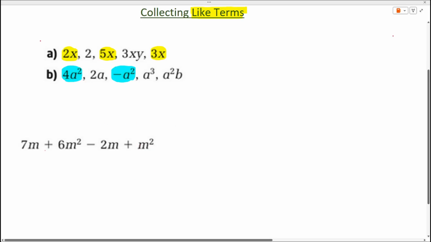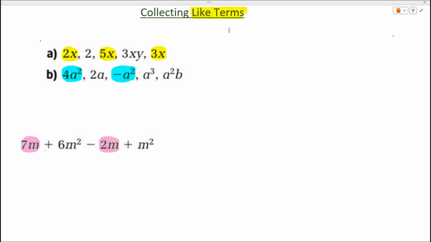So if we have to simplify this expression, first let us identify the like terms. So the first two like terms are 7m and 2m, and the other two like terms are 6m square and m square. So let us just collect them. So we can write it as 7m subtract 2m plus 6m square plus m squared.